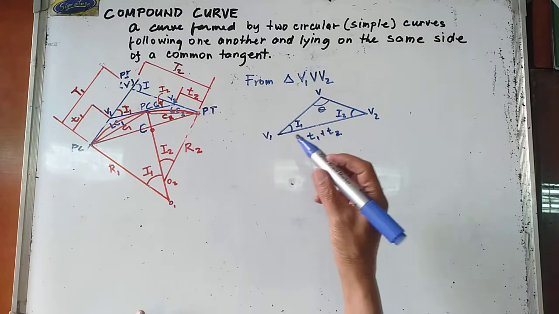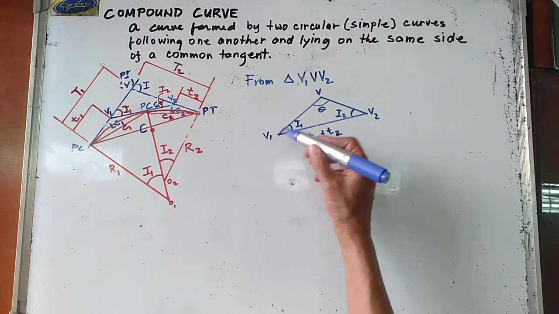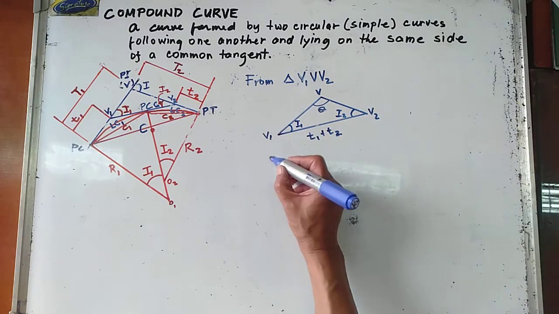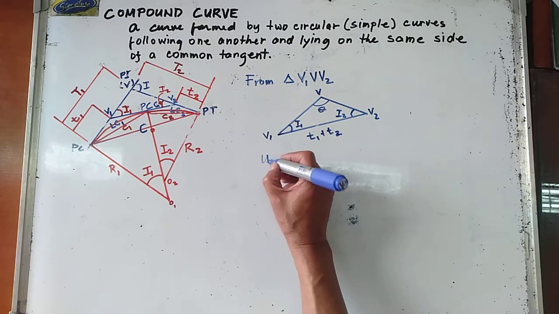Now, let us try to determine the distances V1V and V2V. So this is using sine law.